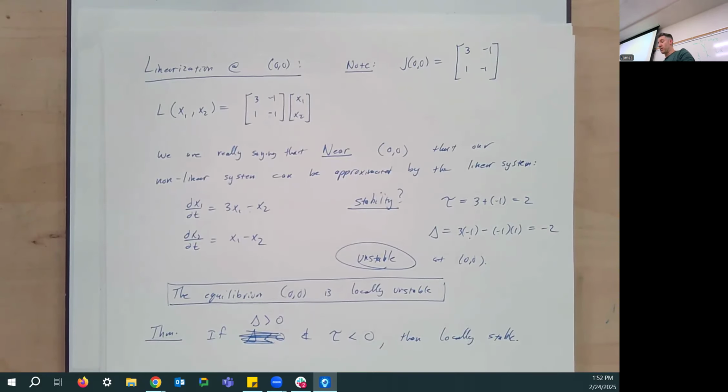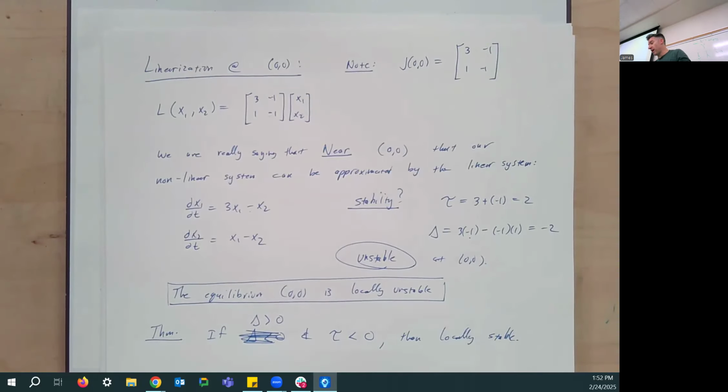So if your determinant's positive and your trace is negative, then you can say it's locally stable. Or you can make the mentally easier choice, but the computationally more difficult choice of finding the eigenvalues and then basing your answer on whether the eigenvalues would give you something that you know is stable or you know is unstable.